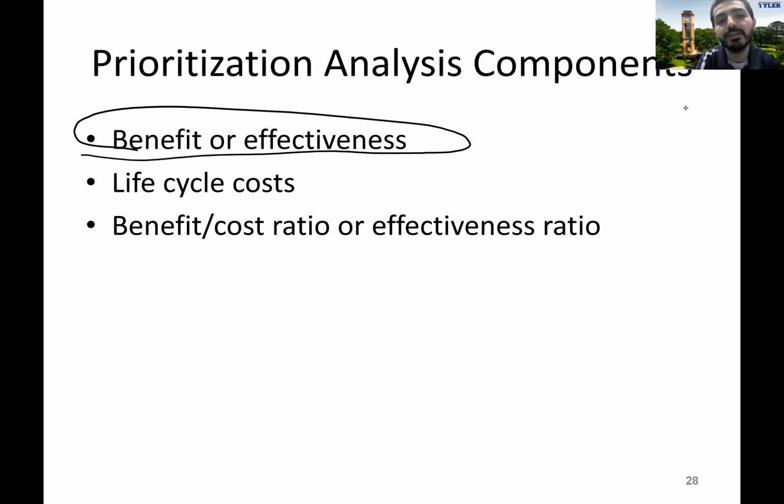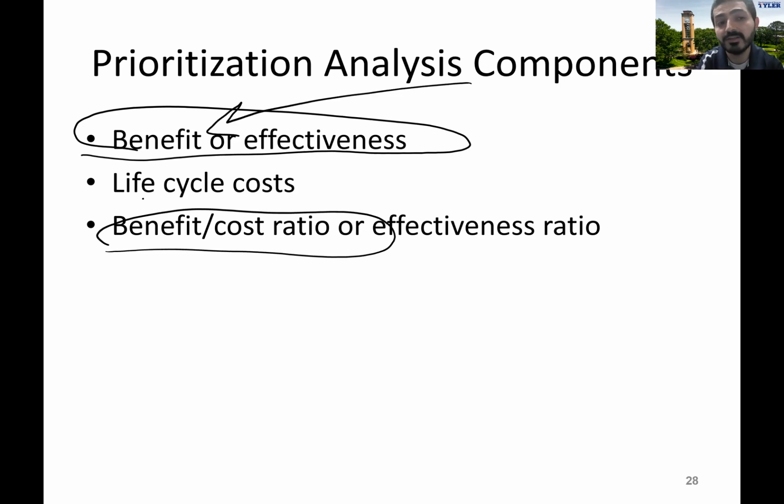And eventually, we need to come up with the ratio because really, if you understand the effectiveness or the benefit, which is the area under the curve, and if you know the life cycle cost from one of the previous chapters, then you can divide the benefit over the cost for each one of these treatments, because you're really trying to make the best decision on which one is the most effective.